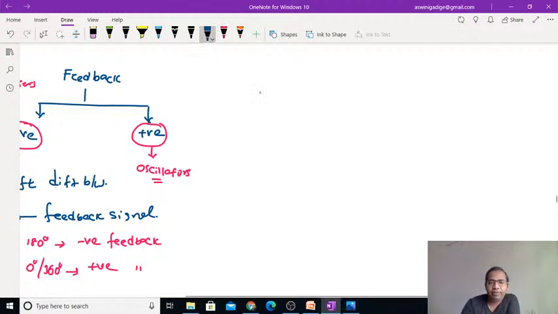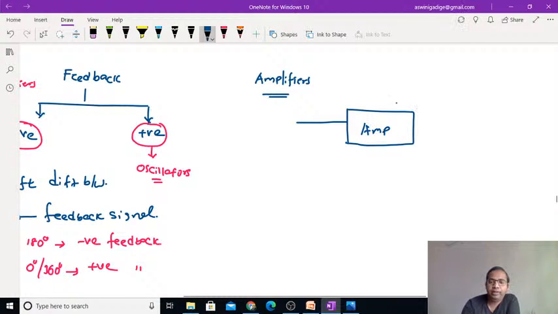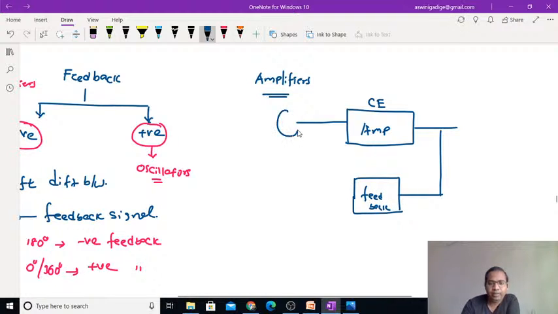In the case of amplifiers, let's take an amplifier. If it is a BJT, let's take the CE configuration, and here we will take the feedback part.